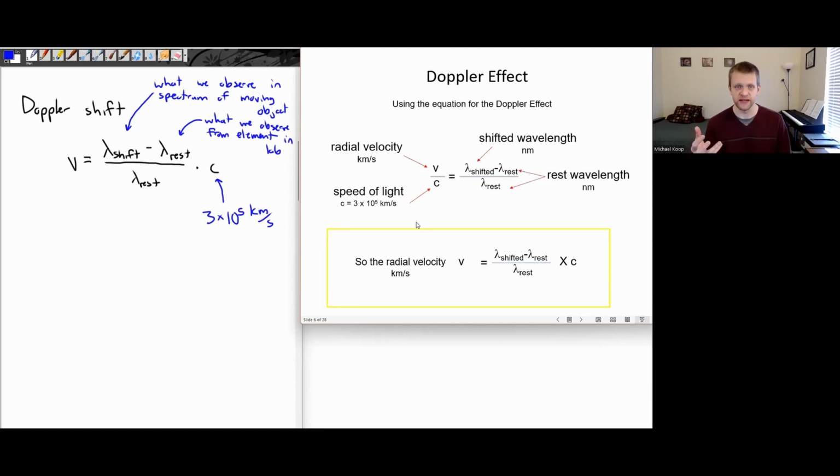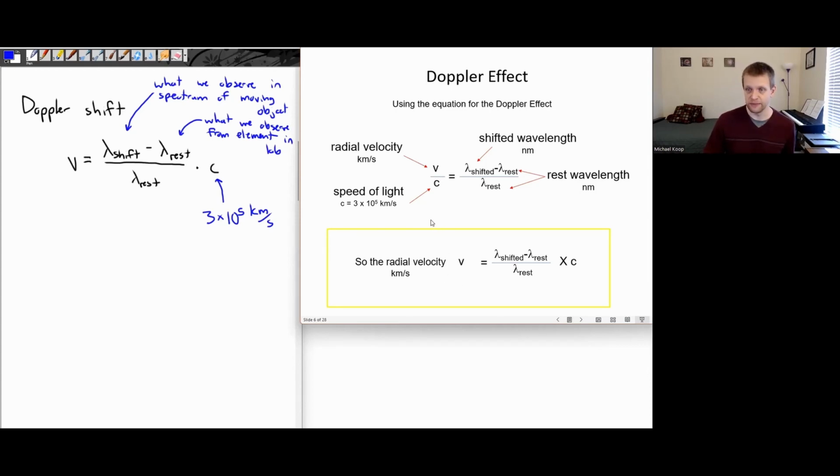And the rest wavelength is if we were to observe that particular kind of element, say hydrogen, in the lab, what are the wavelengths that are going to be emitted? So we can use this Doppler shift to figure out that radial velocity.